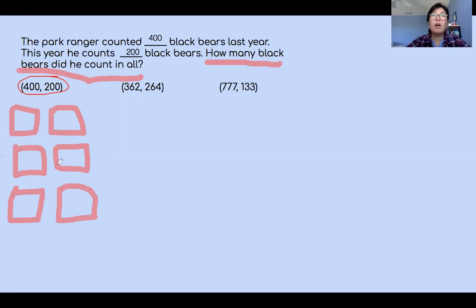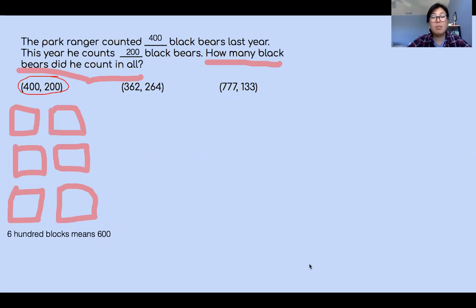Okay. So how many hundreds are there? Let's count. 1, 2, 3, 4, 5, 6. So 600. So 600 blocks means that there are 600, right? So this represents 600, okay?